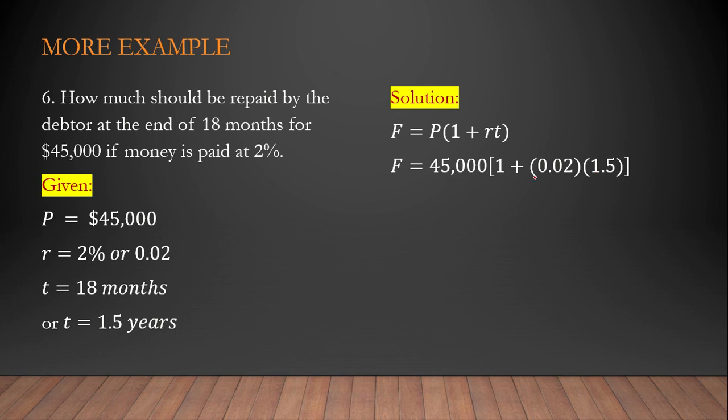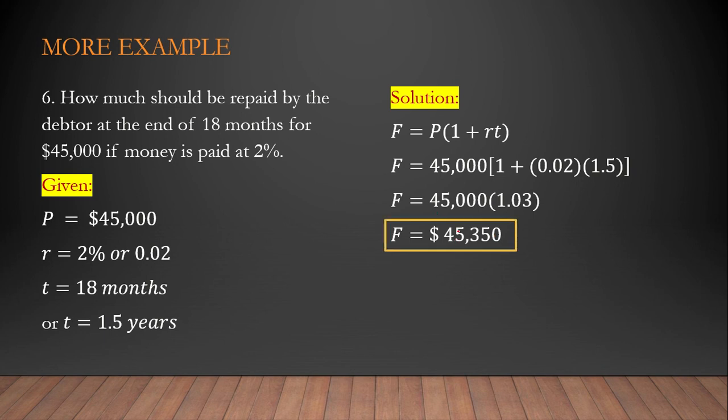So, i-simplify natin to. 1 plus 0.02 times 1.5, that is 1.03. Kaya F is equal to 45,000 times 1.03. So, input mo siya sa calculator, ang lalabas po is $46,350. So, ayan na po yung sagot sa tanong na to or sa problem na to.